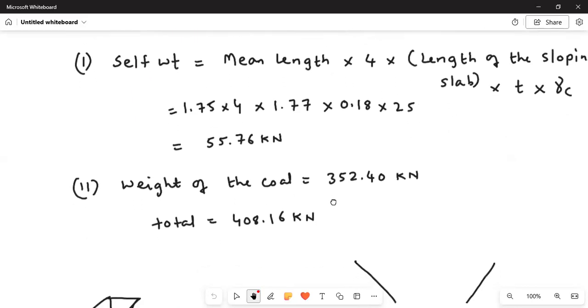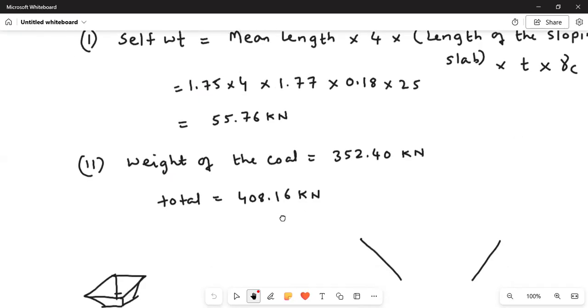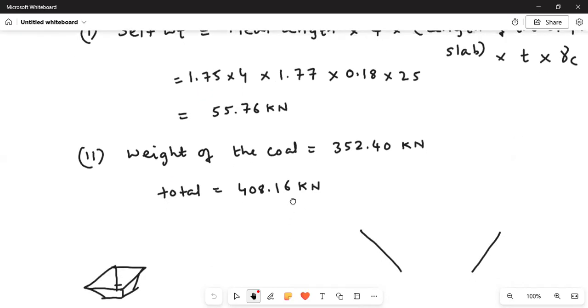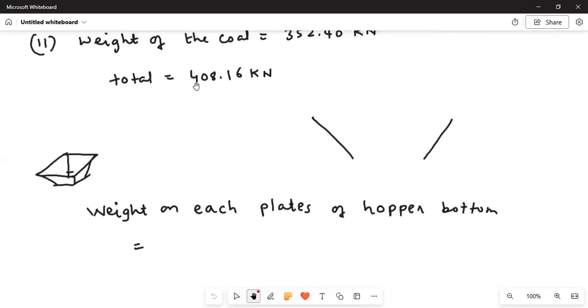And the weight of the coal is also acting on the hopper bottom. So the total weight of the coal is 352.40 kilonewton, and for the total load, we need to add the self weight of the hopper bottom. So the total weight that you're getting is 408.16. Okay, so there are four plates, and this total load is divided into four plates.